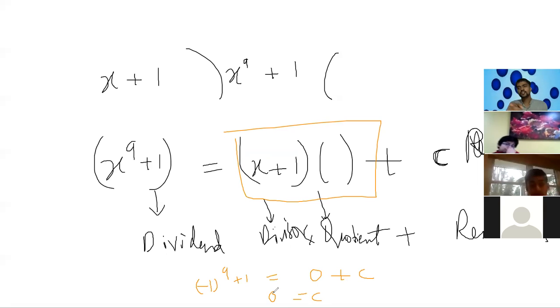So is this a very simple way to find out the remainder? Dividend is divisor into quotient plus remainder, and if I put minus 1, that entire box gets knocked off. It becomes 0, so what I'm left with is just the c. Let me show this to you in a simple way.